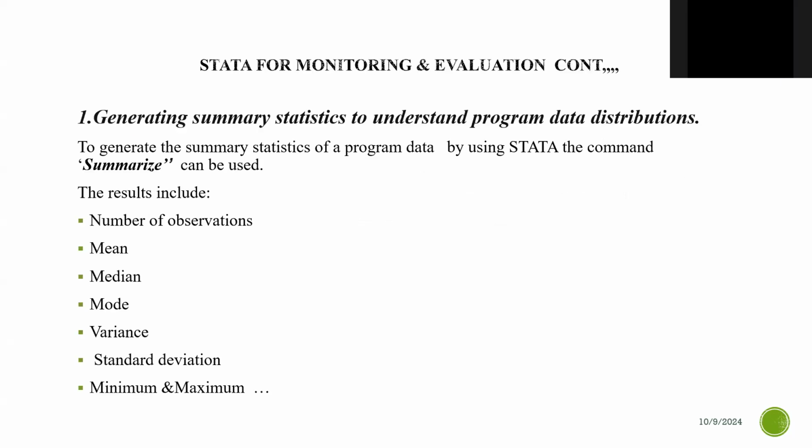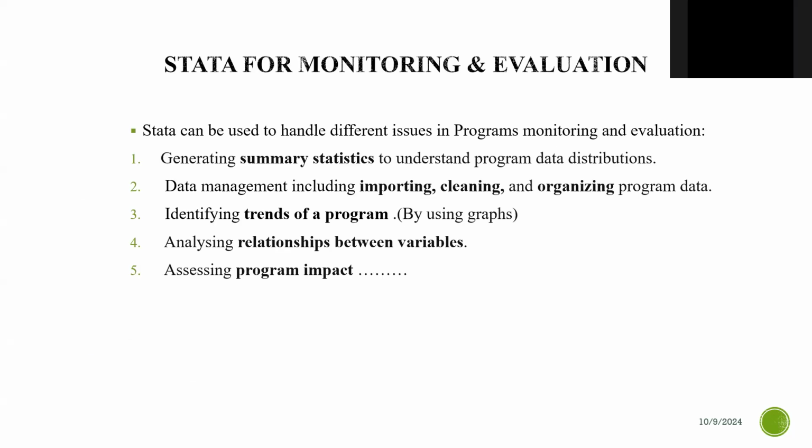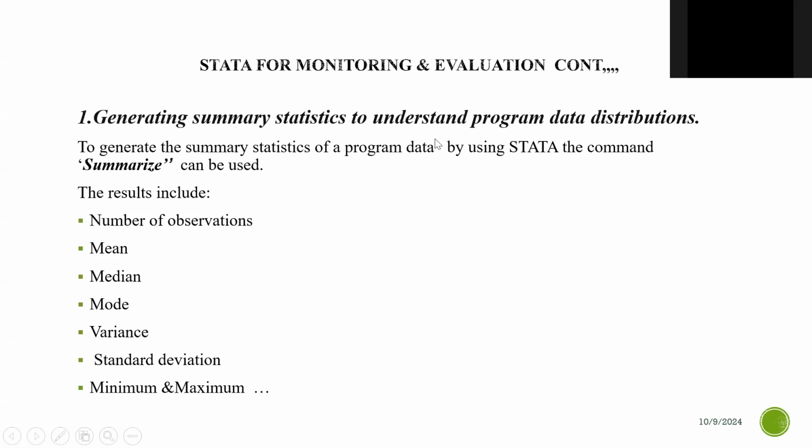So today, in the different sessions that we will have, we shall focus on those applications of data in monitoring and evaluation. But today, let's focus on how to generate summary statistics to understand the program distributions.